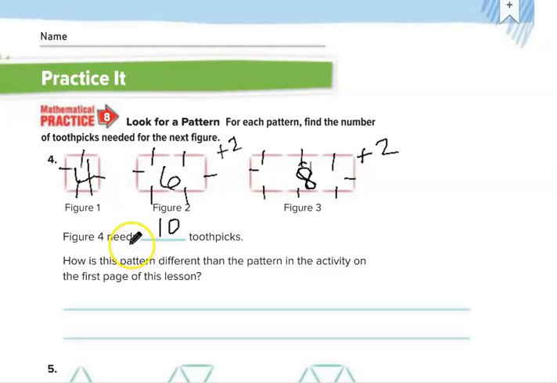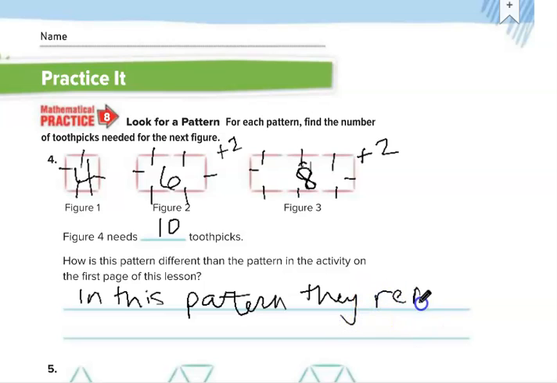How is this pattern different than the pattern in the activity on the first page of this lesson? So in this pattern, they removed the middle toothpick.